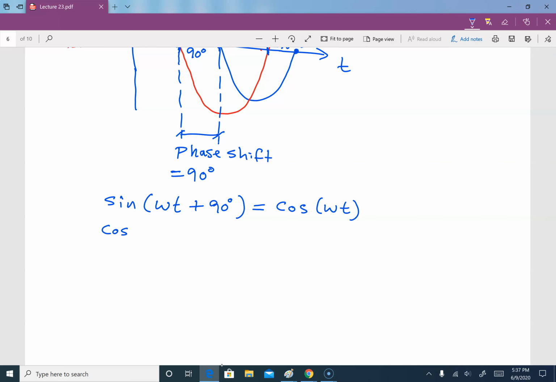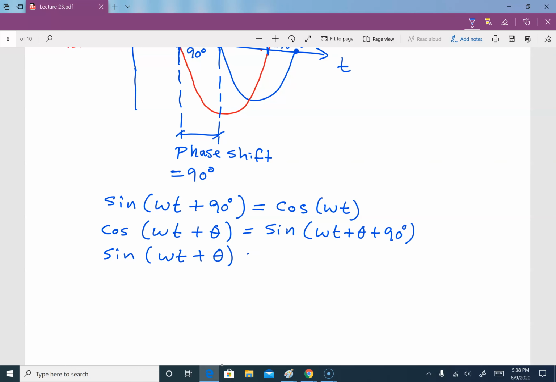And cosine of omega t plus theta is sine of omega t plus theta plus 90 degrees. And sine of omega t plus theta is cosine of omega t plus theta minus 90 degrees. These are the identities here.